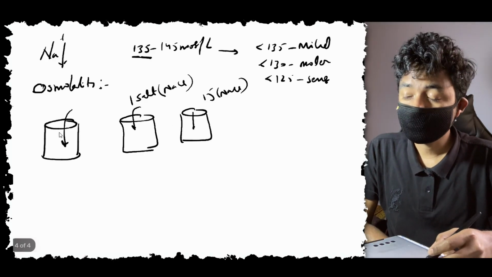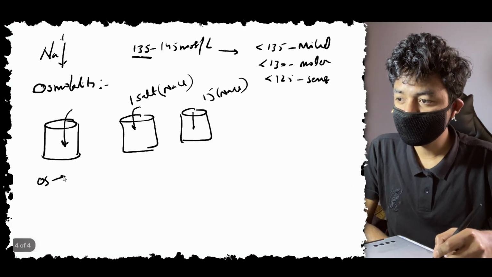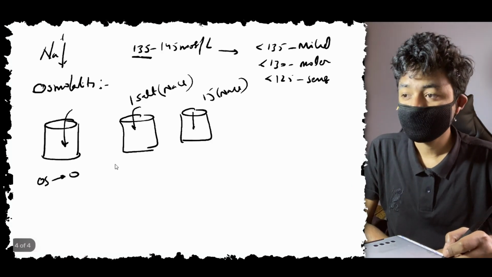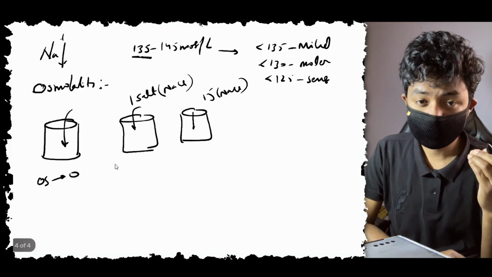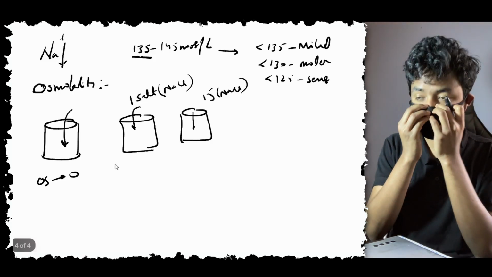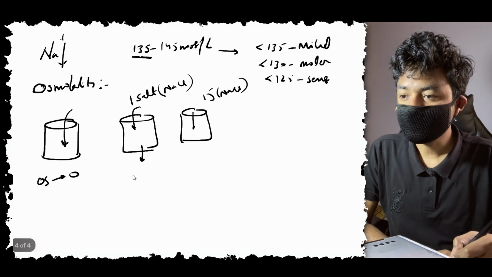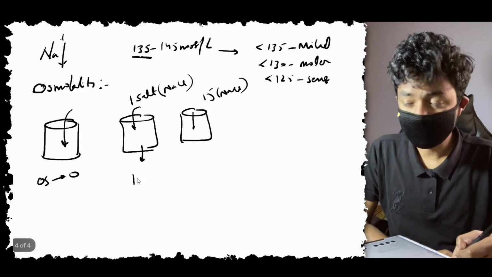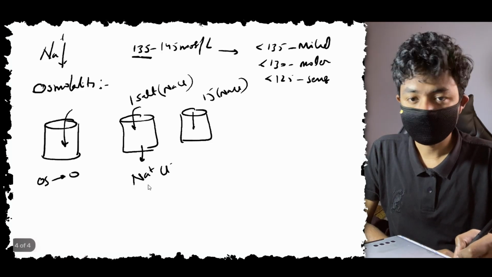Now when I say the osmolality of the first glass, I will say osmolality is 0. Why? Because there is nothing else inside the fluid apart from H2O molecules. There is no solute here, right? What about the second one? Inside this I have at least 1 spoon of sodium chloride, which will split into sodium and chloride.